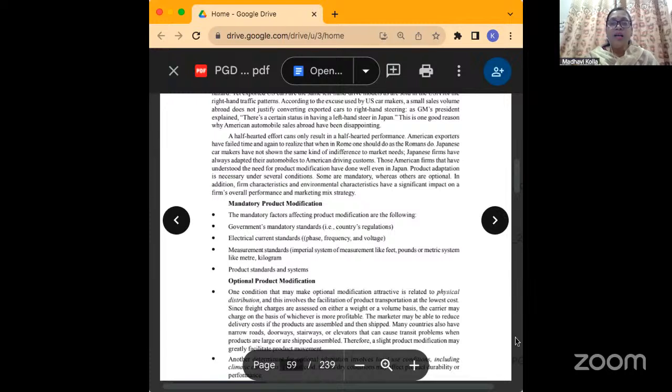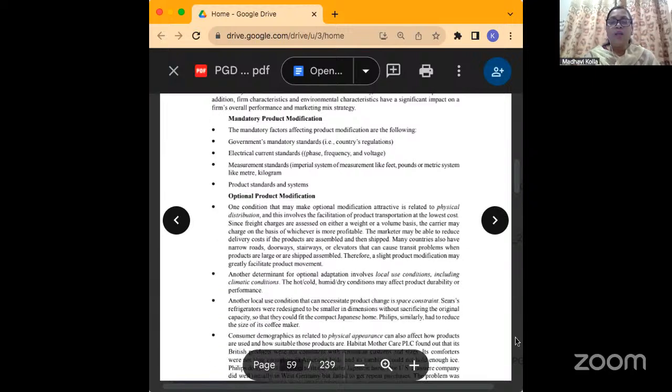So American exporters have failed time and again to realize that when in Rome, do as the Romans do. And I think this particular saying very clearly amplifies what international marketing is all about. That means you are adapting your product to the local conditions so that they in turn adopt your product and purchase it. So what are the product modifications that are required?